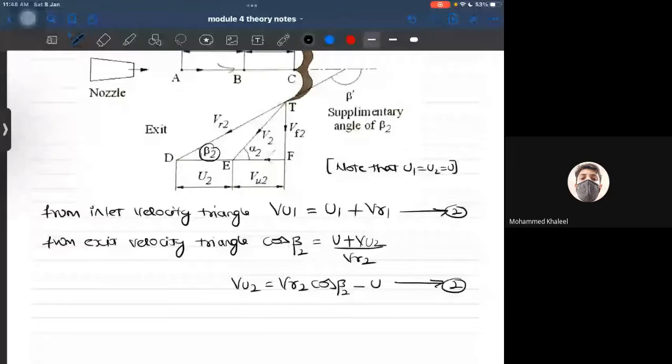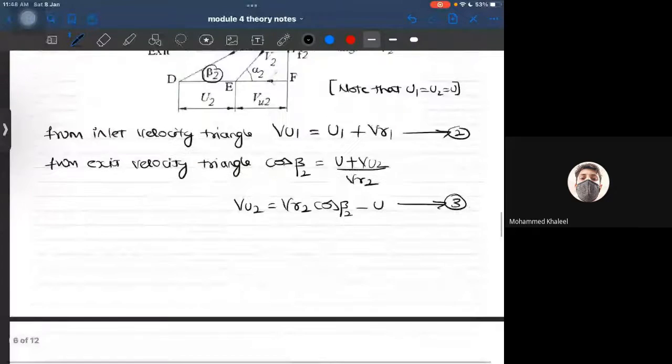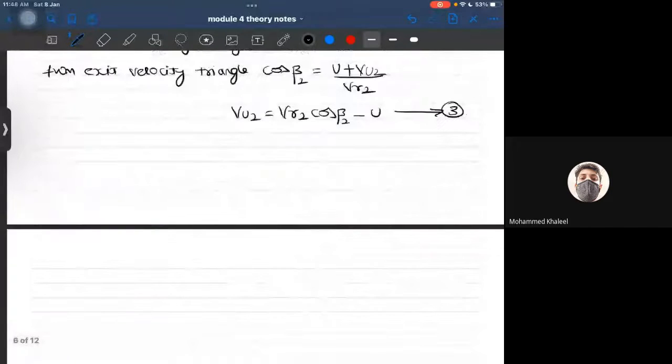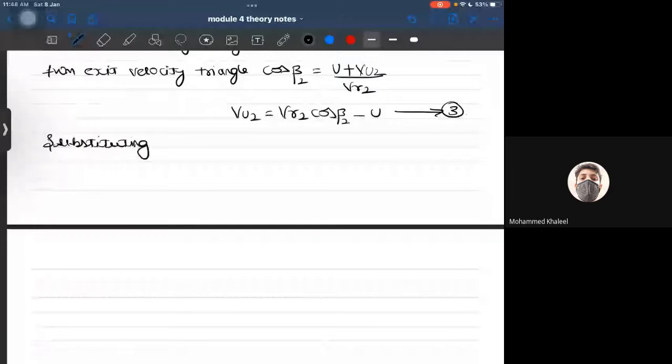So, I have the values of VU1 and VU2, which I am going to substitute in equation number 1. I would just write: substituting values of VU1 and VU2 in equation number 1.